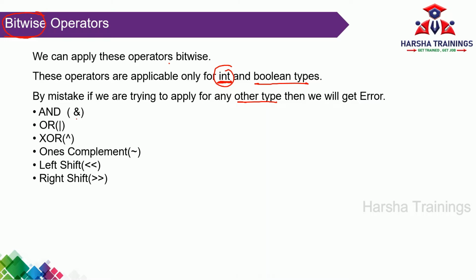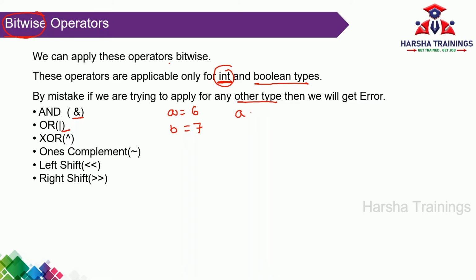For example, and operation, or operation, the meaning is same. If both are true, the result is true. Or operation is if at least one is true, the result is true. For example, A is equal to 6, B is equal to 7. These are the two numbers.